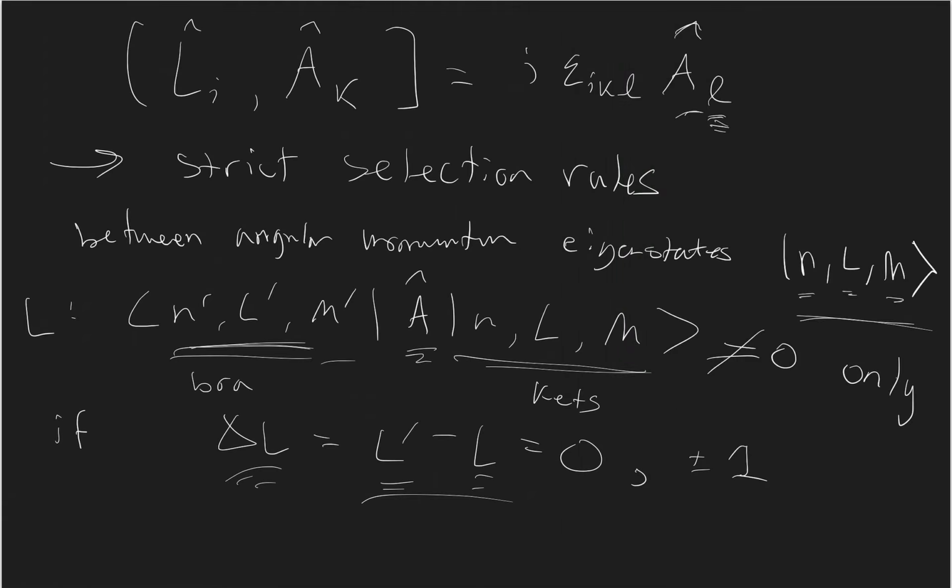So basically what we can do now is try to make a selection rule for M. A selection rule for M, which is just for the z-hat operator.